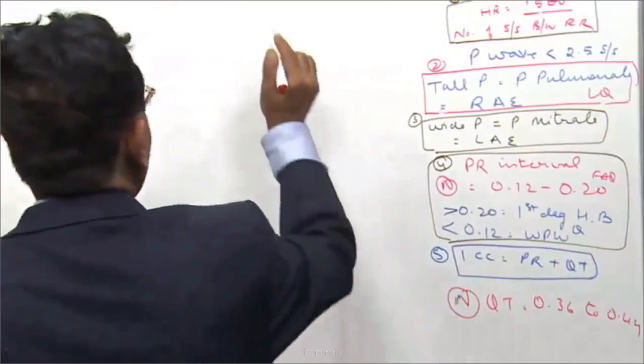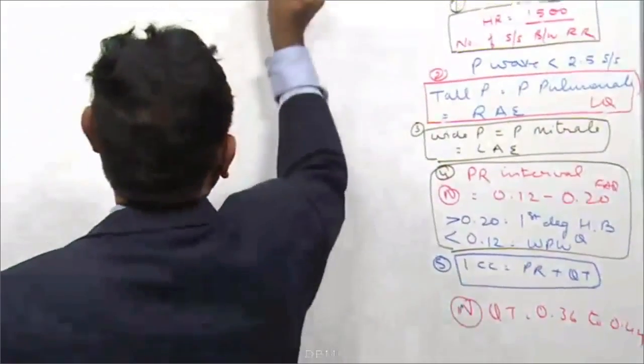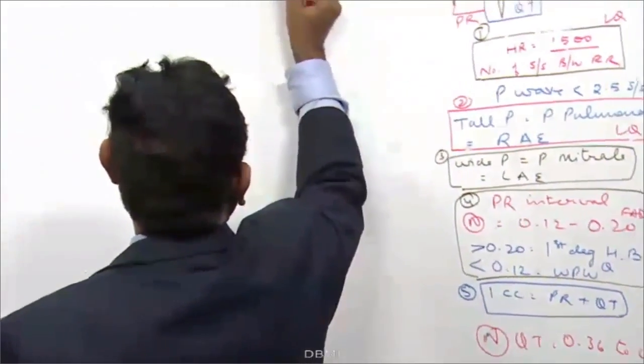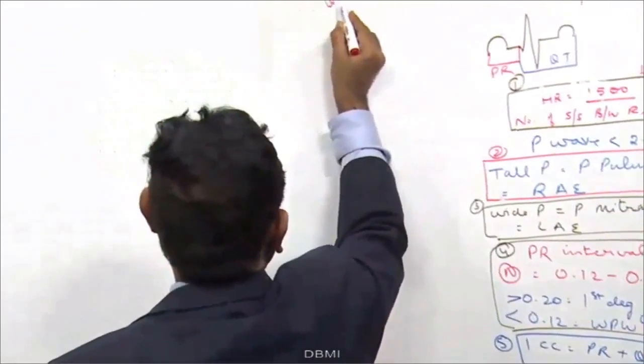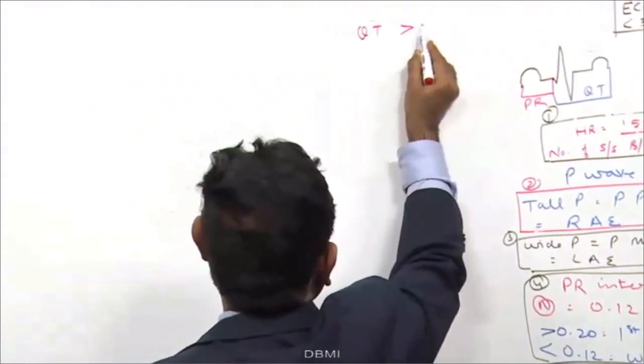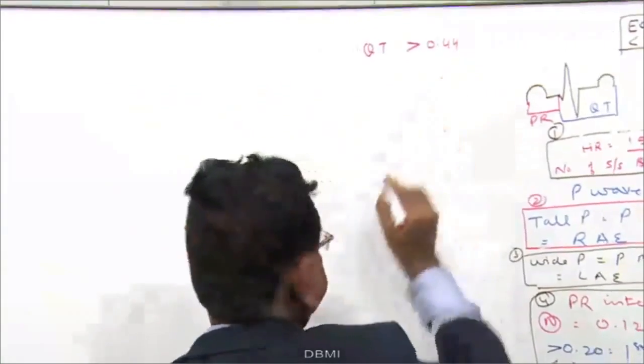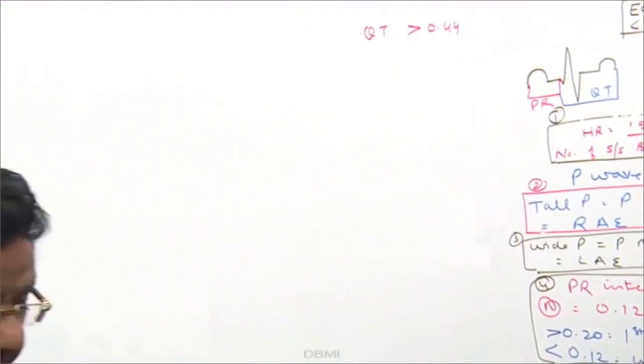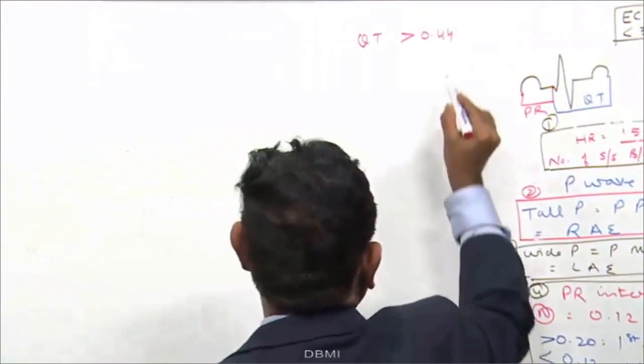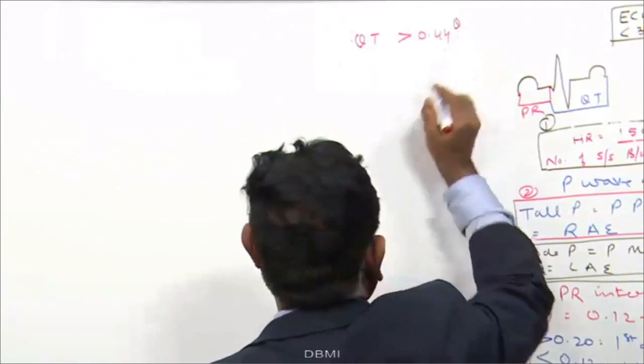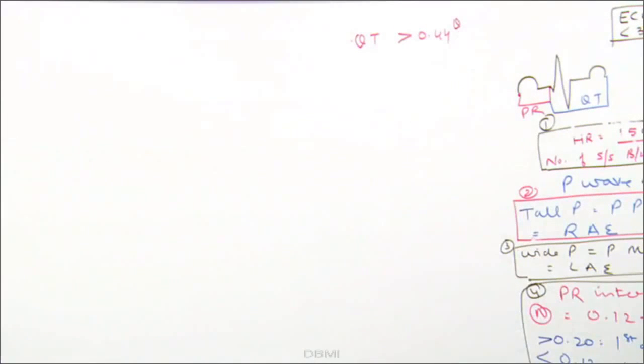Now, prolonged QT interval. That is QT more than 0.44 second. This is a very, very important question. It's a very frequently asked question throughout the world.